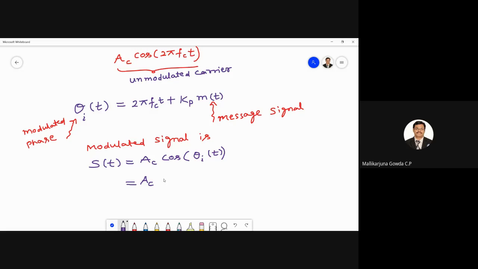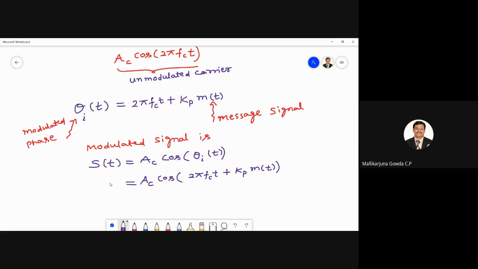So what can we write? Ac cos of, what is theta i of t? It is 2 pi fct plus Kp into m of t.